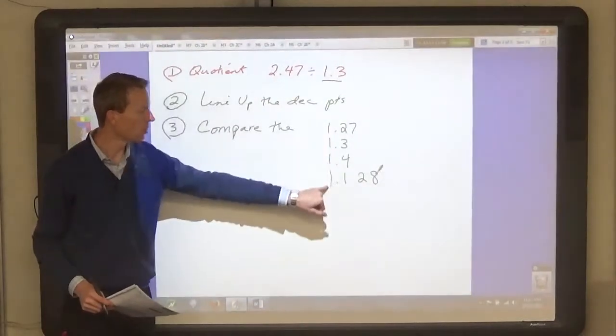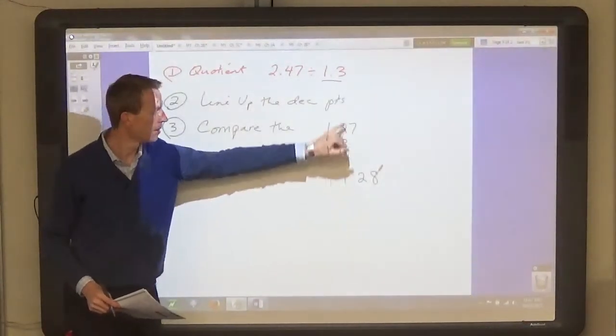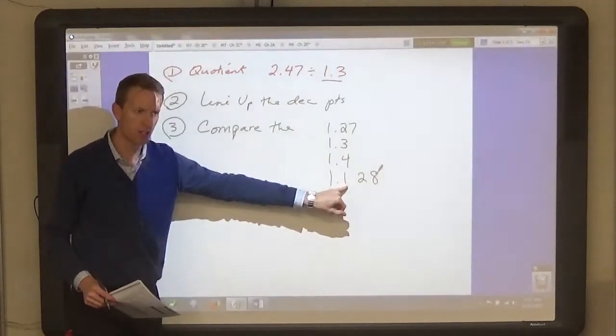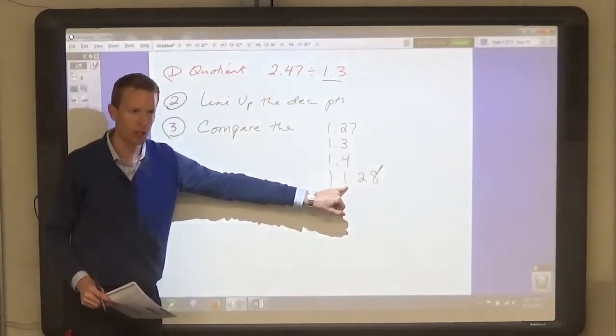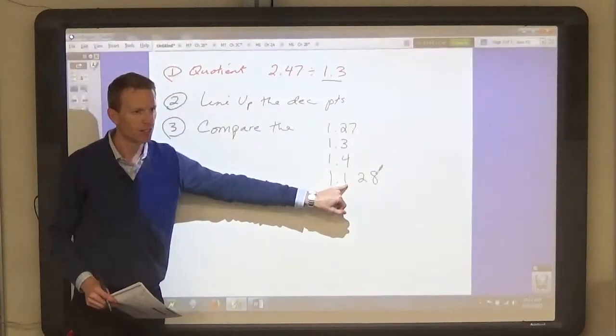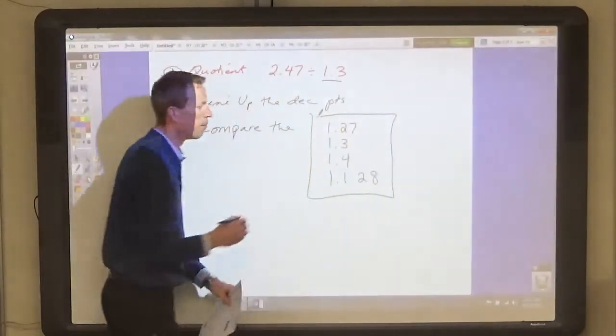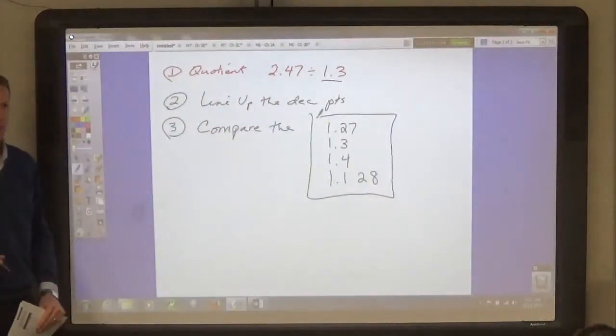Because these are all the same. The decimal points are lined up, but this one is the smallest number because when you compare the places, this one is the lowest. So this helps to line the numbers up and compare them and compare the places, okay?